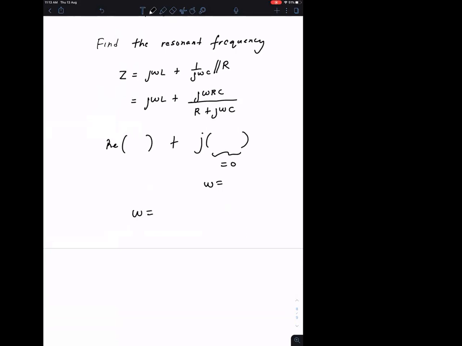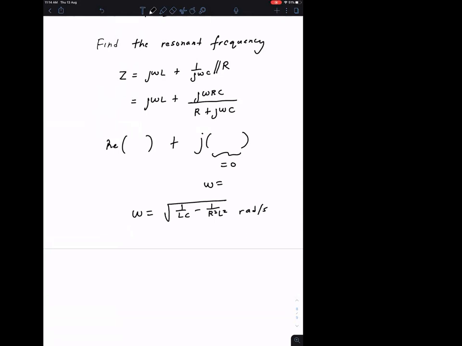That's all for today, guys. This is the answer: 1 over LC minus 1 over R squared L squared. Multiply by the conjugate, right, sir?